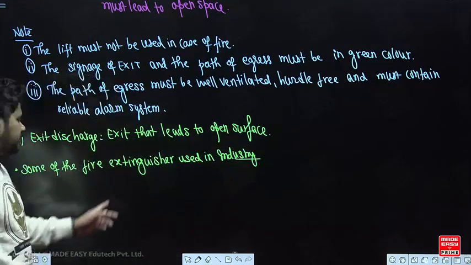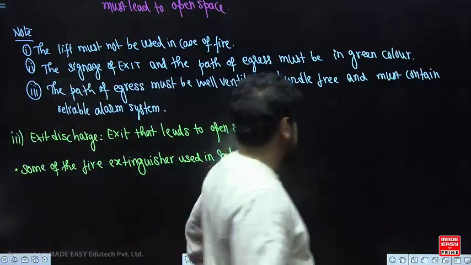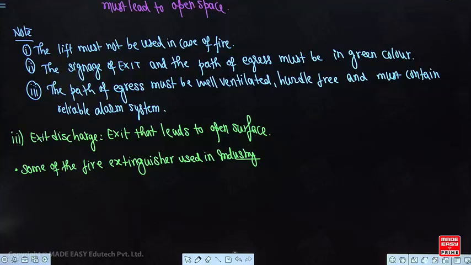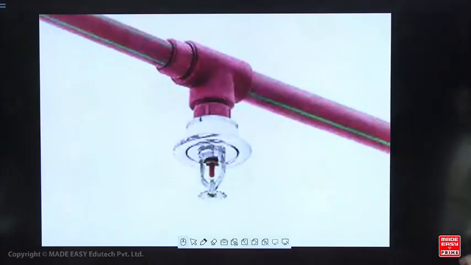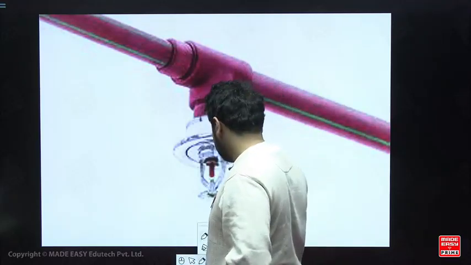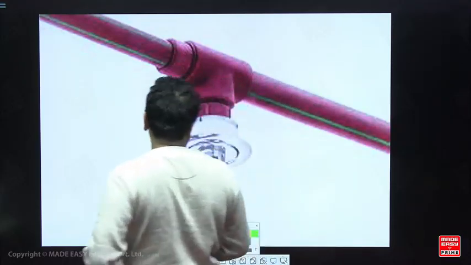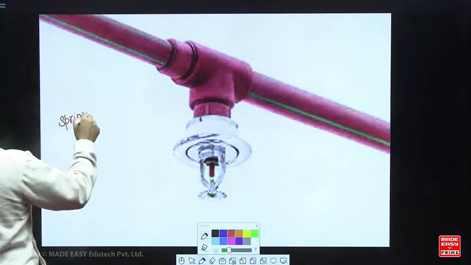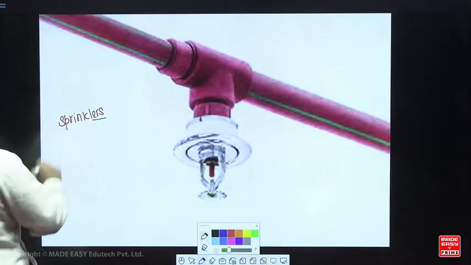You don't have to write this one, just look at these pictures, right? See, this one is called sprinklers. What is this called? It is called sprinklers. Correct. So you have seen this one.